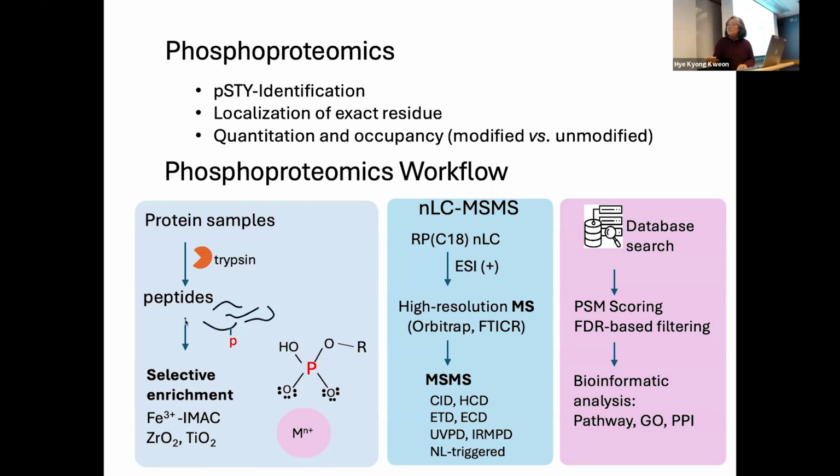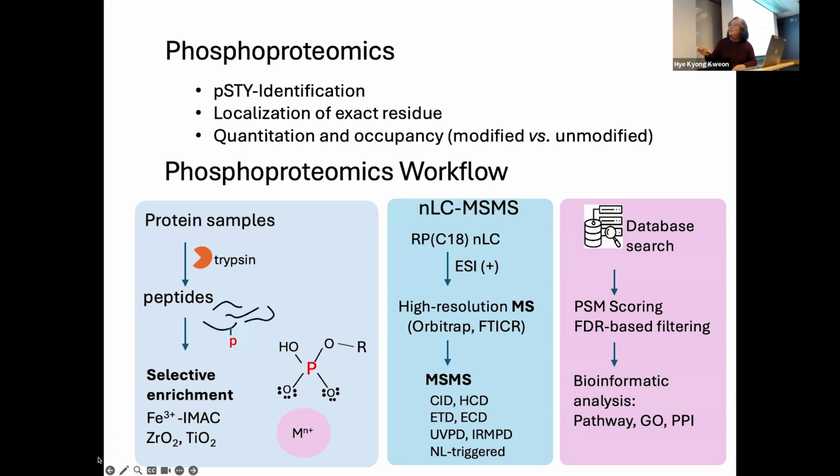The phosphate group is polyprotic and has a lot of electrons, so it acts like a Lewis base on the vacant, positive metal ions. These techniques have been shown to selectively enrich phosphopeptides among other non-phosphorylated peptides.